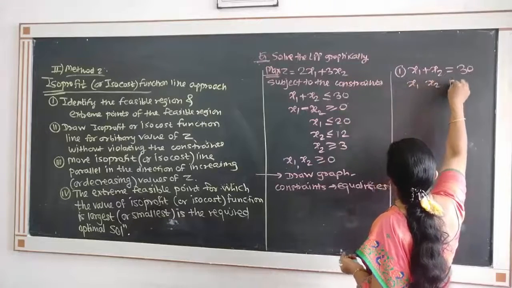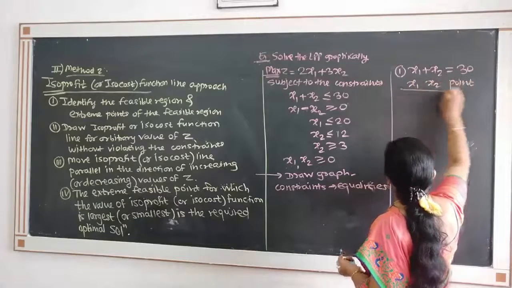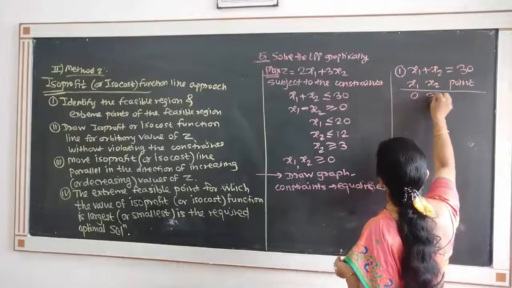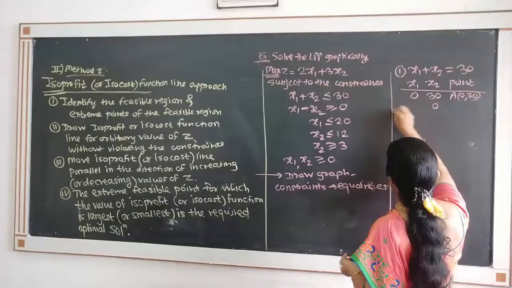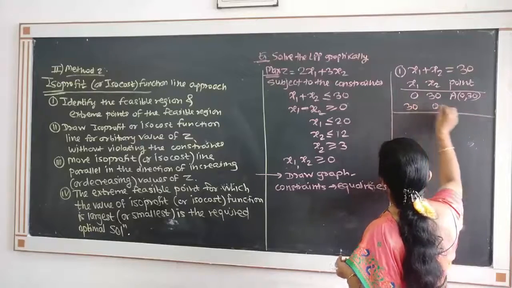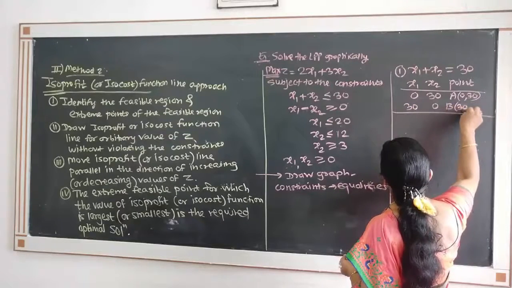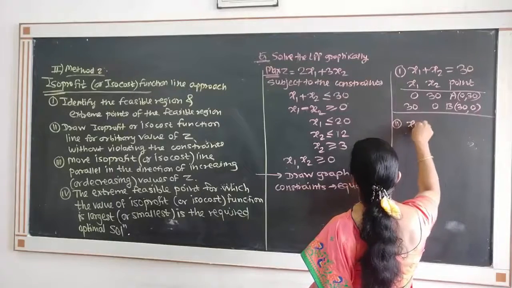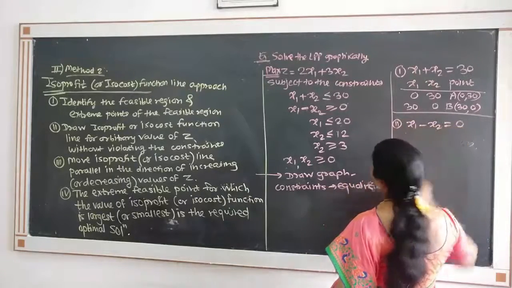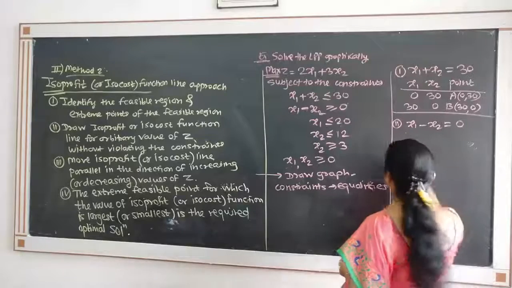Find the points. When x1 is 0, x2 is 30, a point is 0, 30. When x2 is 0, x1 is 30, b point is 30, 0.